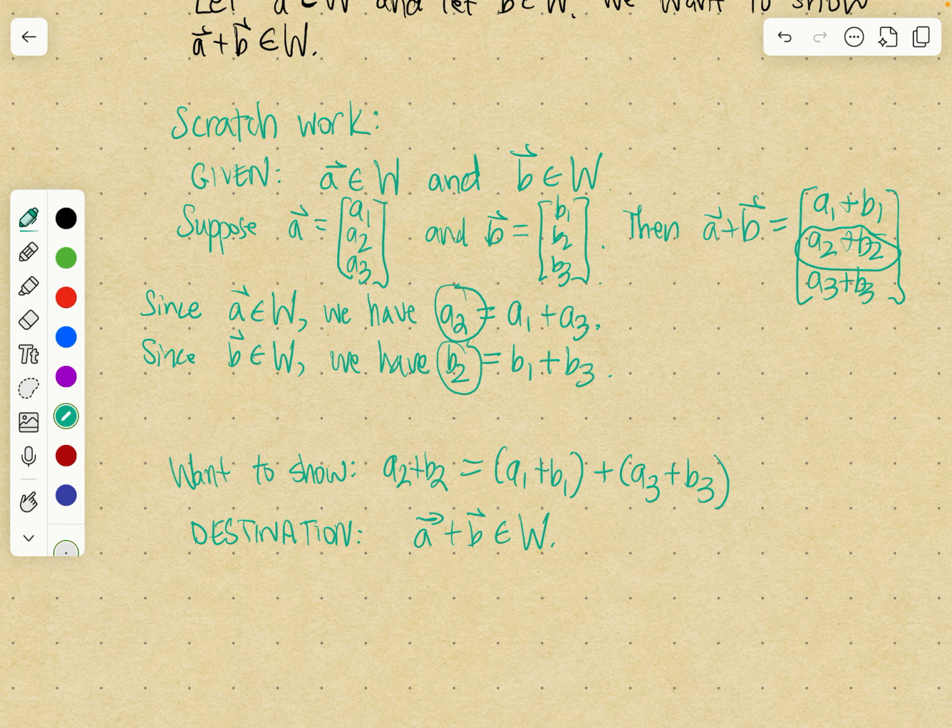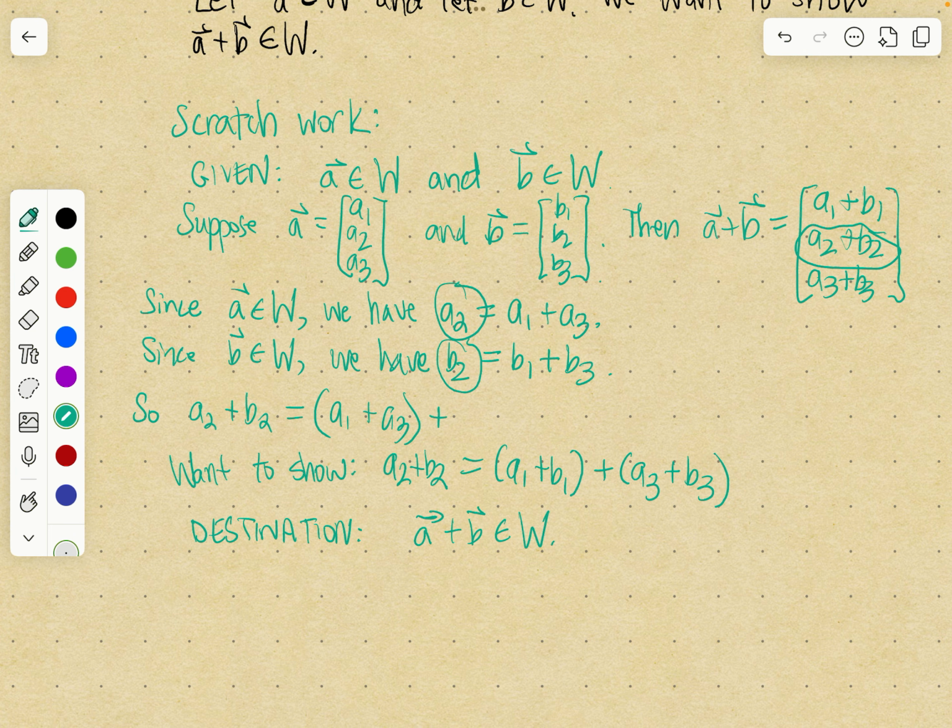If I add them, I'm going to get A2 plus B2 on the left. So if I add them, I get A2 plus B2 is A1 plus A3, that's A2, and plus B1 plus B3, because that's B2. So I know that this equation is true.